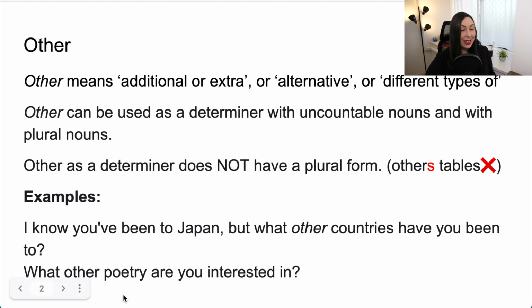Let's look at the next example. What other poetry are you interested in? Here, poetry is an uncountable noun. Poetry. Okay? So other poetry, other countries.